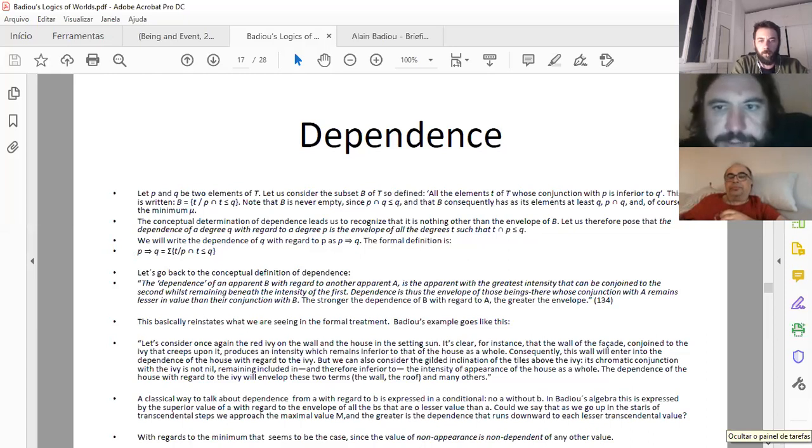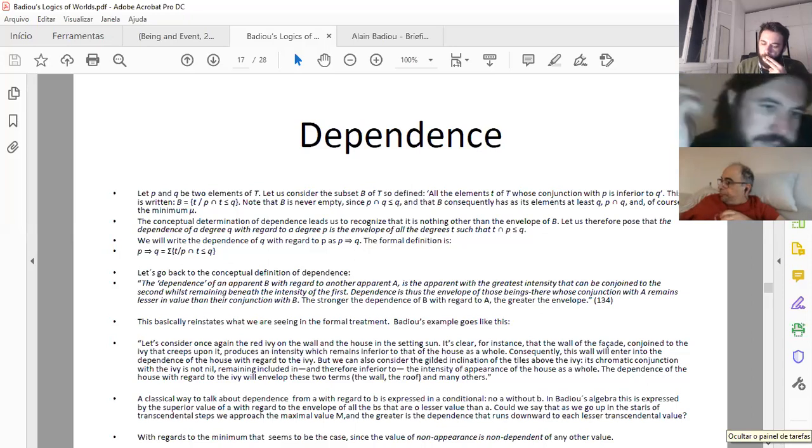Let us therefore pose that the dependence of a degree Q with regard to a degree P is the envelope of all the degrees T such that the conjunction of T and P is lesser than Q. We will write the dependence of Q with regard to P with a kind of notation of implication, traditional implication. Formal definition goes like that.